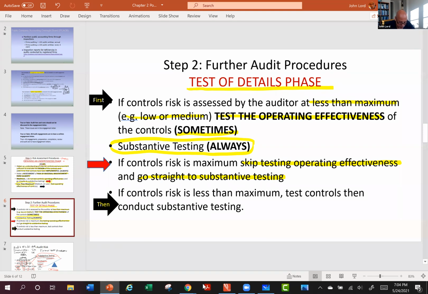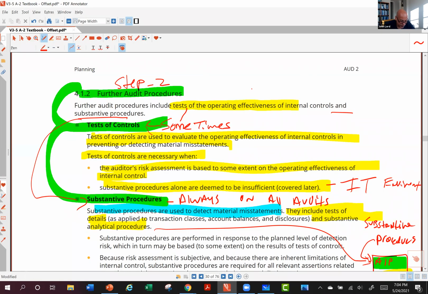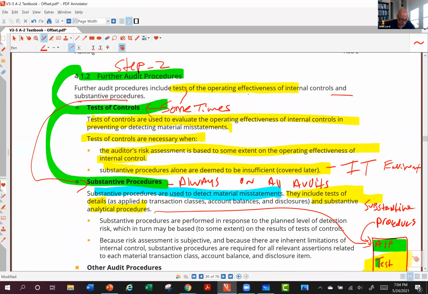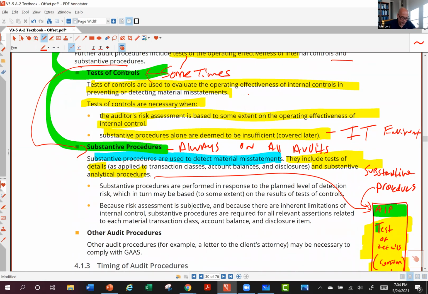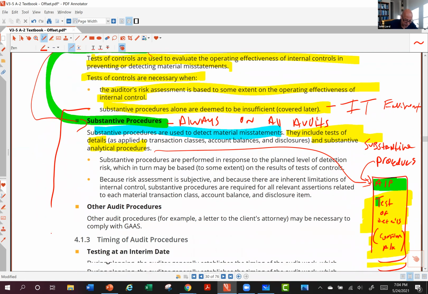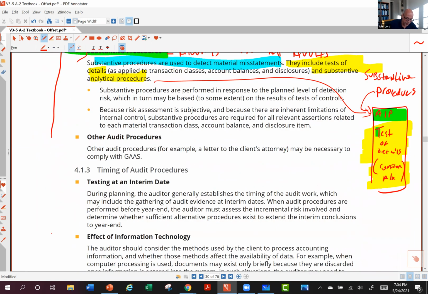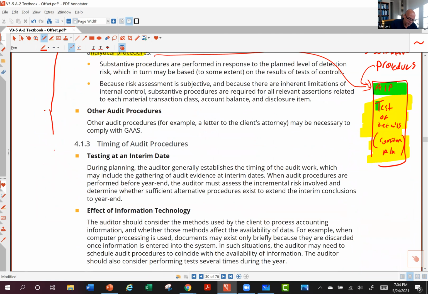And I said, hey, it's an IT environment where substantive procedures alone would not be sufficient. Then you may have to test the controls, okay? And that's down here, effect of information technology.